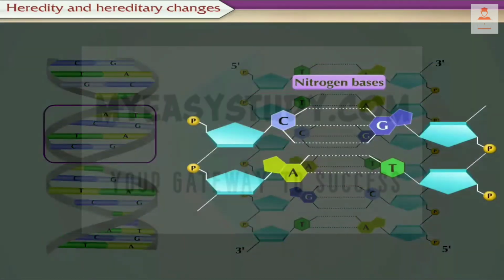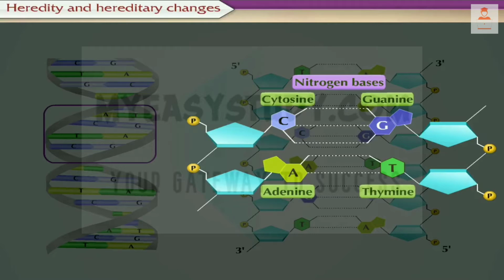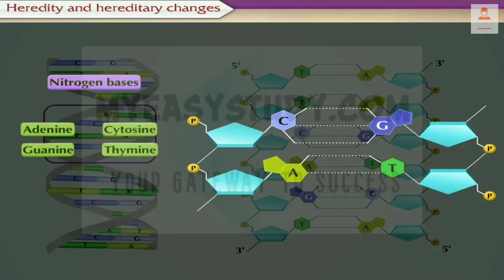Nitrogen bases are of four types: adenine, guanine, cytosine, and thymine. These nitrogen bases are grouped into two types: purines and pyrimidines.